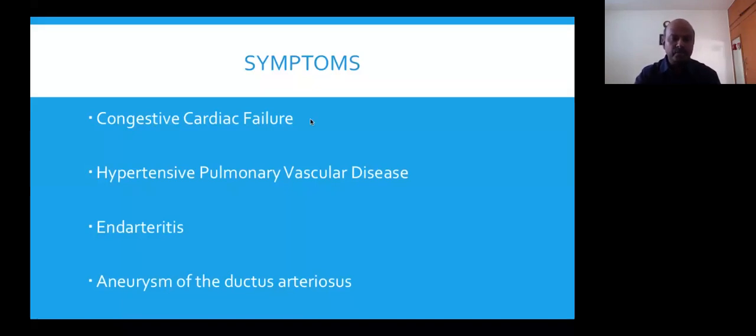And if associated with these situations and persistence of the patent ductus, or thrombotic complications where the thrombi extend into the systemic circulation or into the pulmonary circulation, then warrants surgical repair.